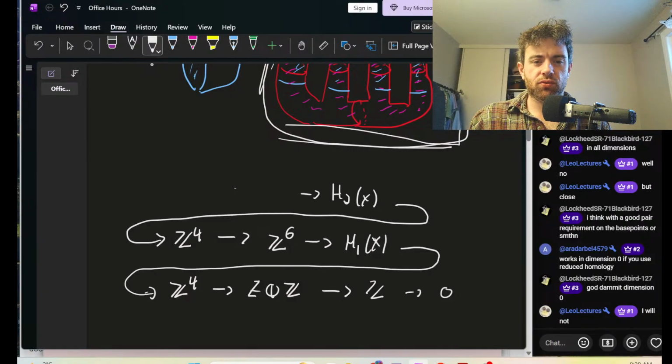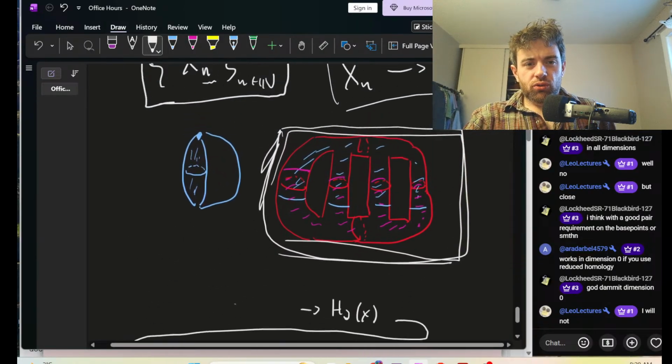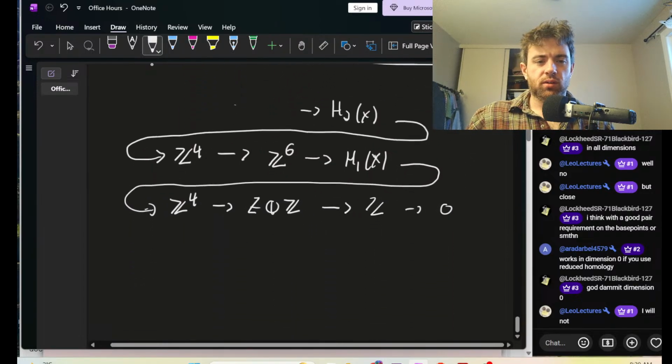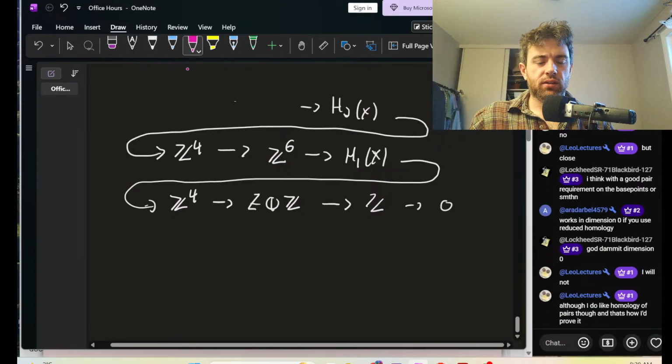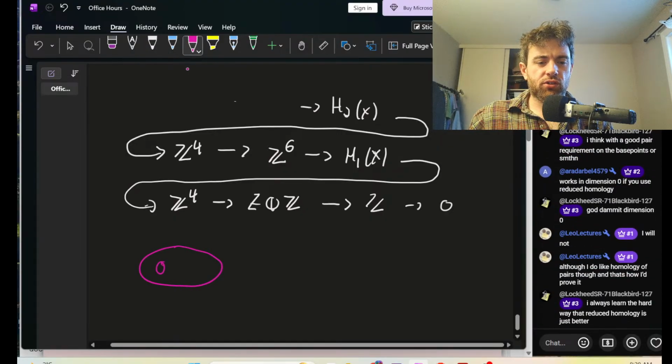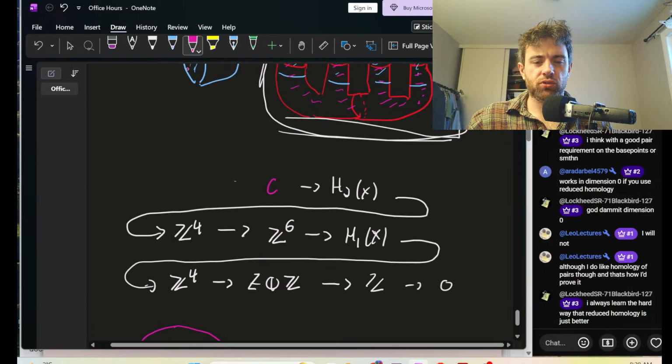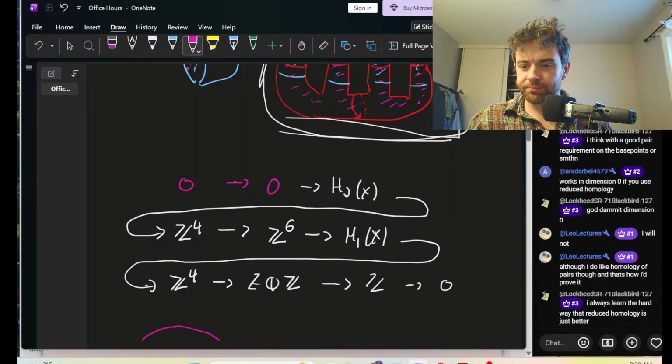Then we have the H2s of again this thing. But this should have trivial H2s, right? Yeah, 100% that is trivial H2s. So this should be 0. And the intersection should have trivial H2s. Yeah.